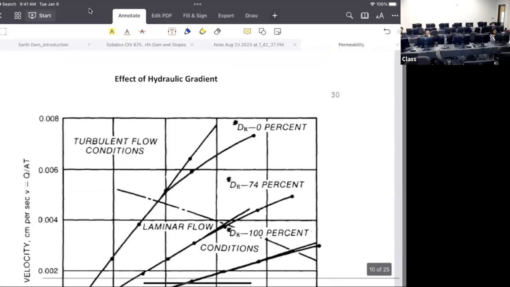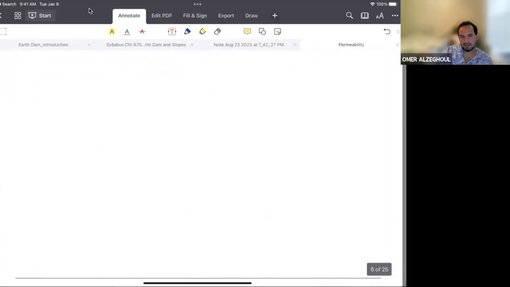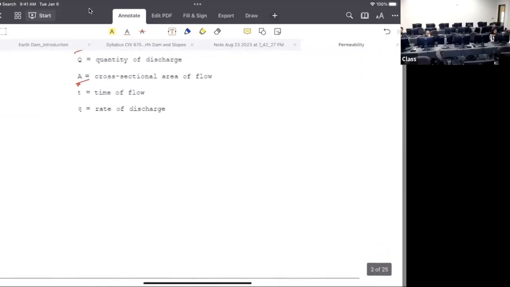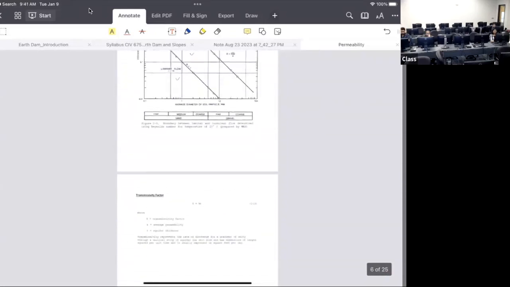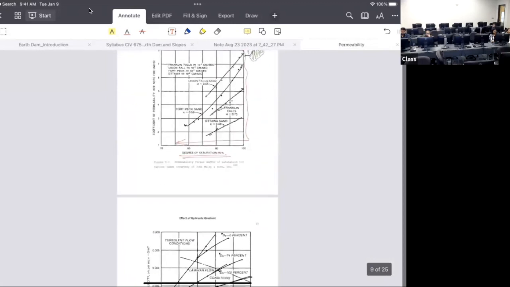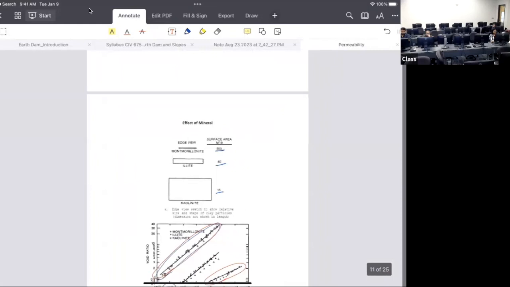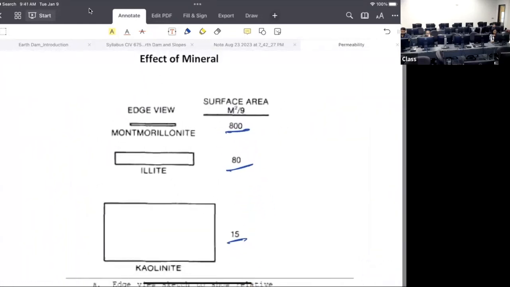Okay, I think we have it here. That's what you talked about last class. It should be here. All right, clay mineral, right? Yes, right here. So these are the surface areas of kaolinite, illite, and montmorillonite.